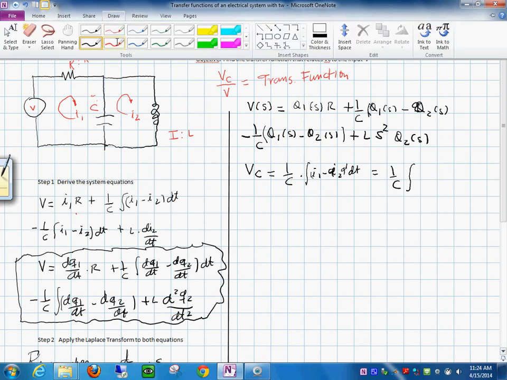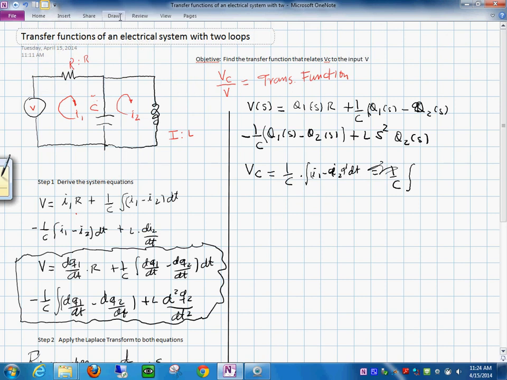So let me just erase this part in here. If you apply it in the S domain, you have that V C of S is equal to 1 over C times Q1 of S minus Q2 of S.